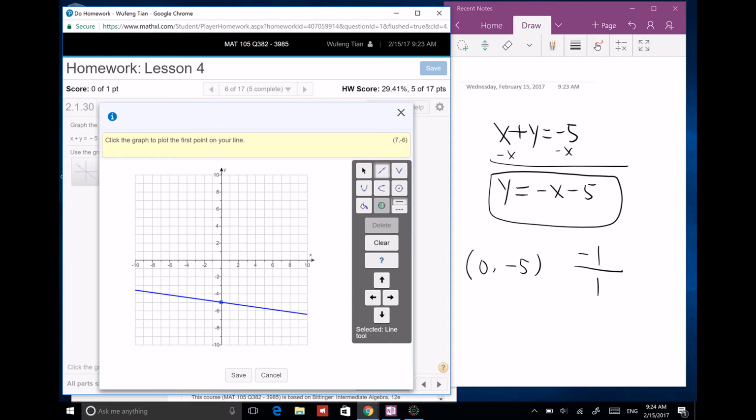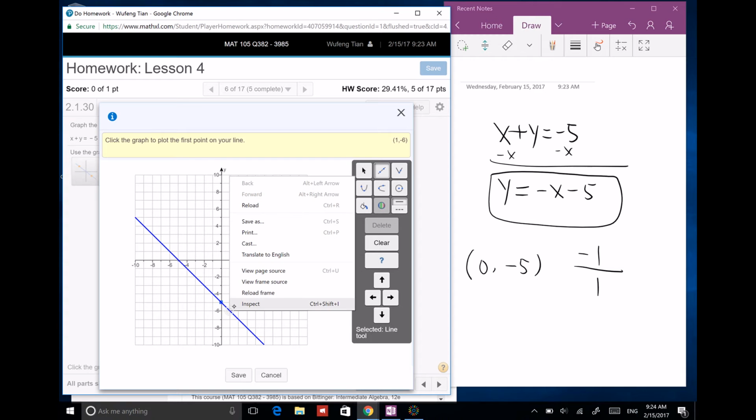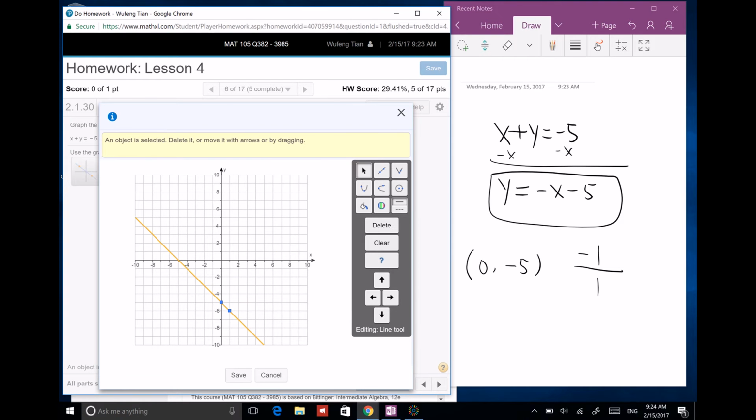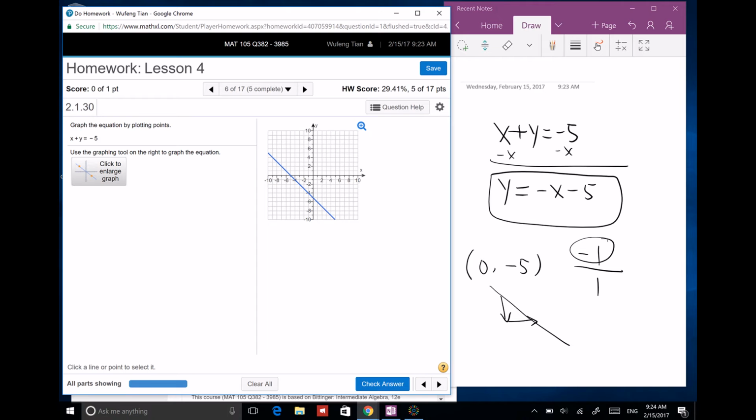Since this is negative, the rise is going down 1 and then going right 1. So you can go to here. Because rise over 1 is a negative number, going down 1, then go right.